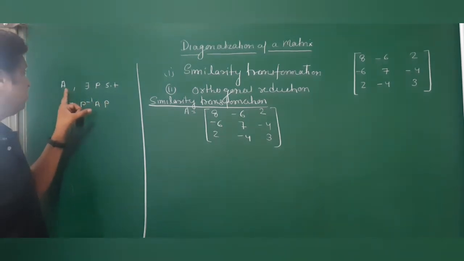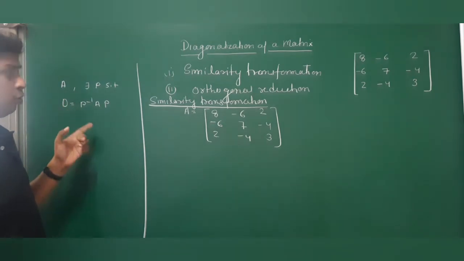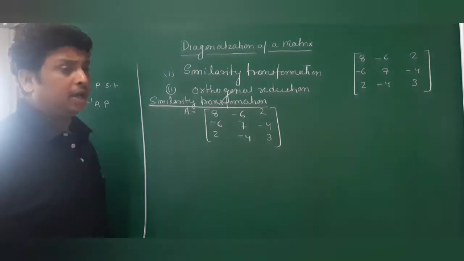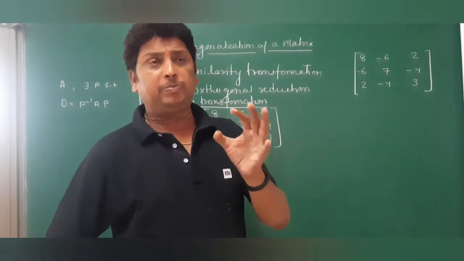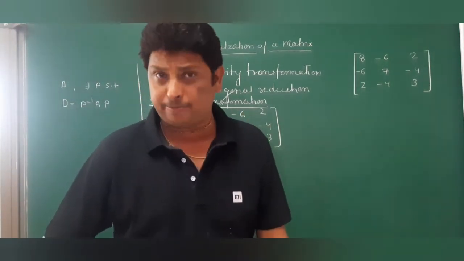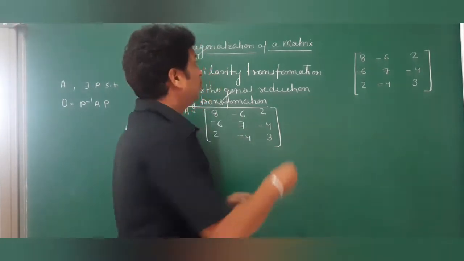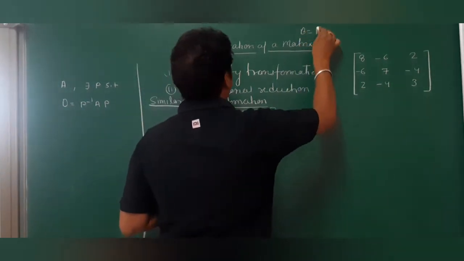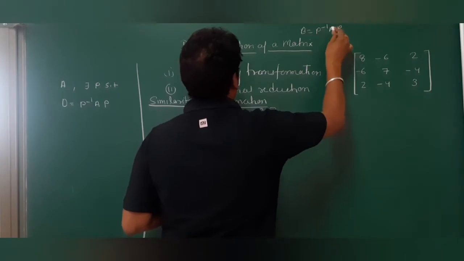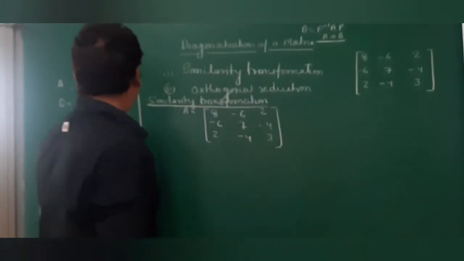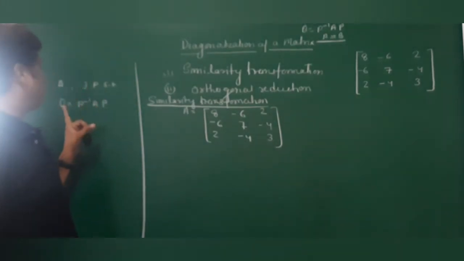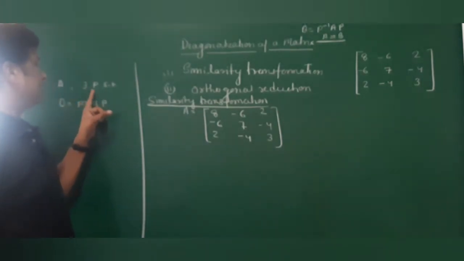Two matrices A and B are said to be similar if there exists a non-singular matrix P such that B is equal to P inverse AP. Same here, A is said to be similar to a diagonal matrix if there exists a non-singular matrix P such that P inverse AP is D.